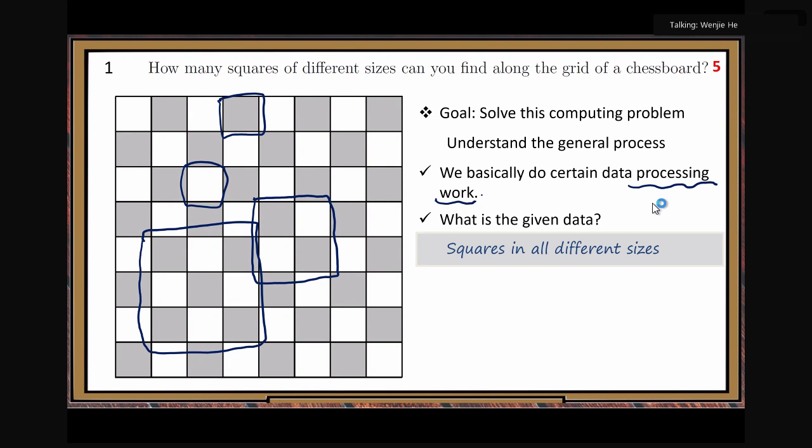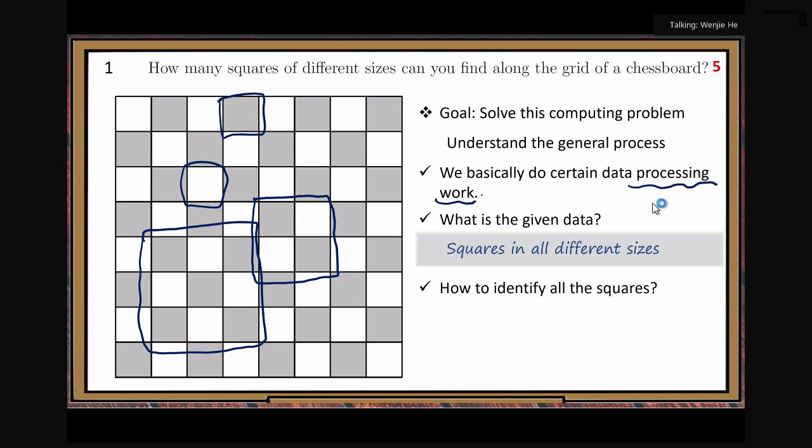That's part of our understanding. When we do understanding, we want to discover all the useful information regarding this problem. This is one piece of useful information: 8 different sizes of squares. We need to do the counting. But then another question: how to identify all the squares? When we do understanding, we want to do a little more discovering work.